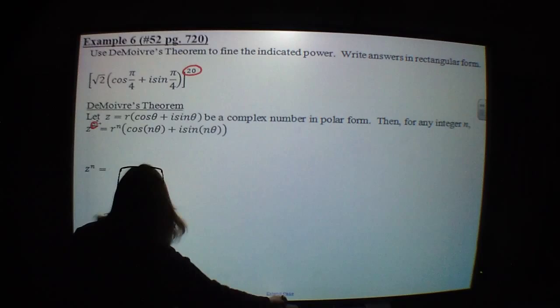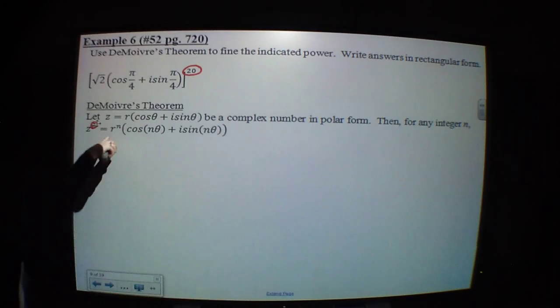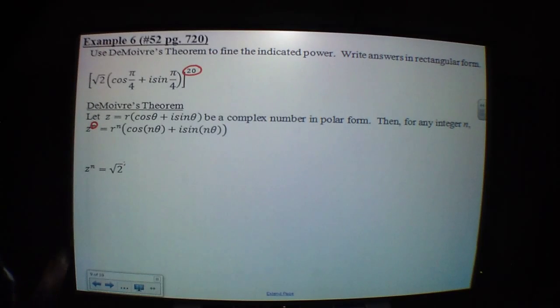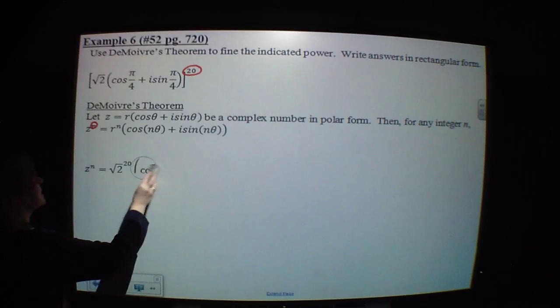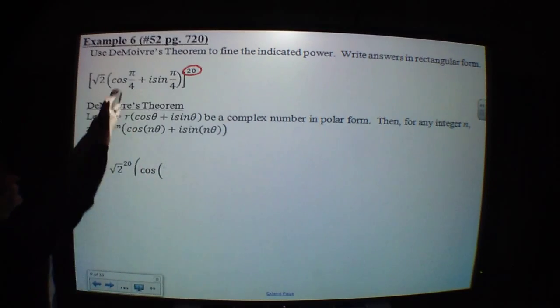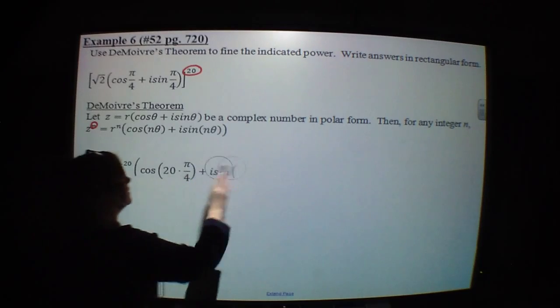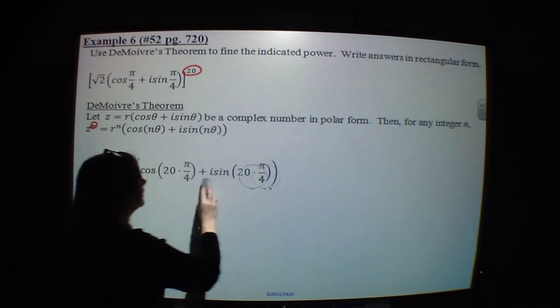Okay? So using the theorem is r, there's my r, to the 20th power times cosine of 20 times my theta. So 20 times the angle plus I sine of 20 times the angle. Okay?